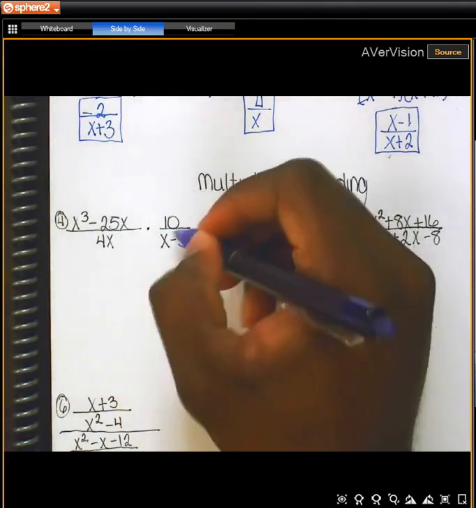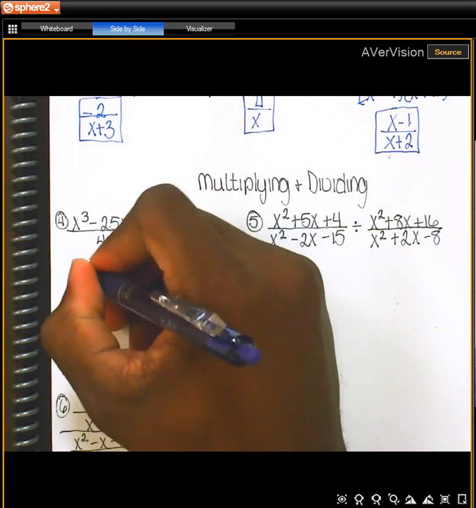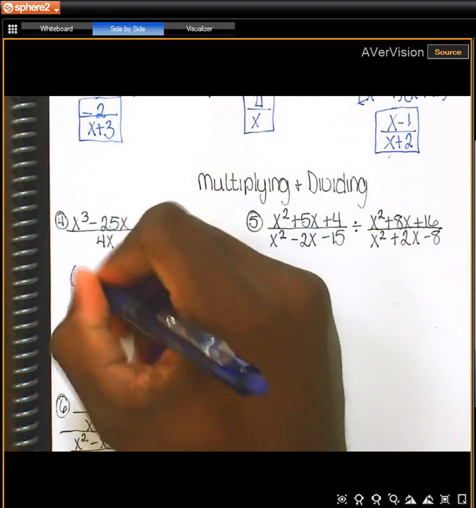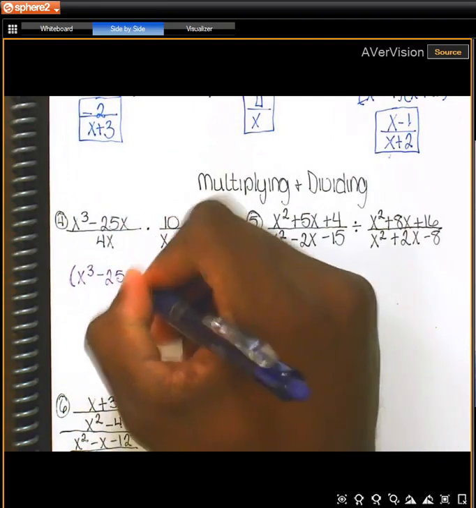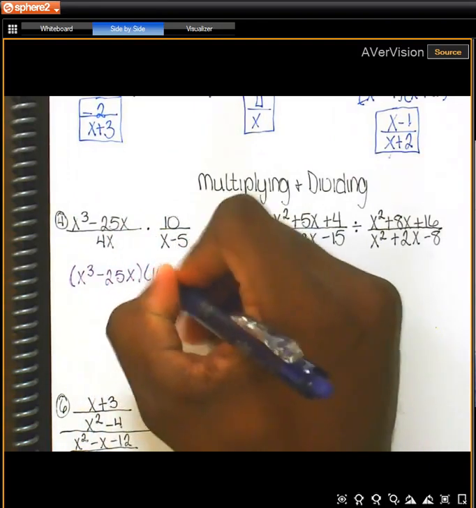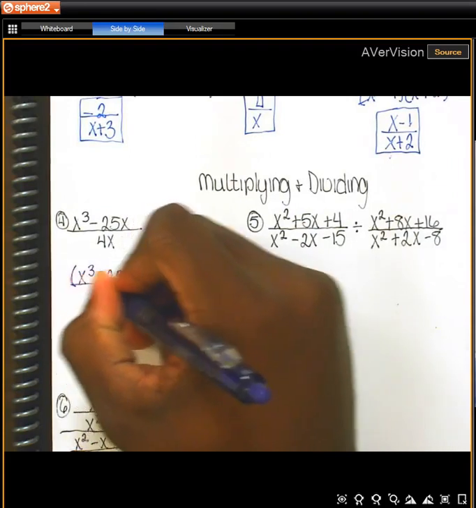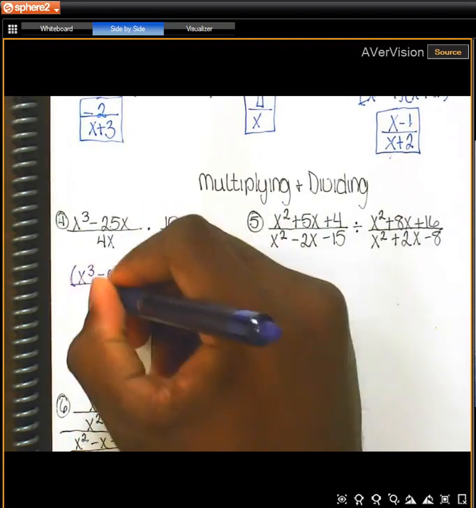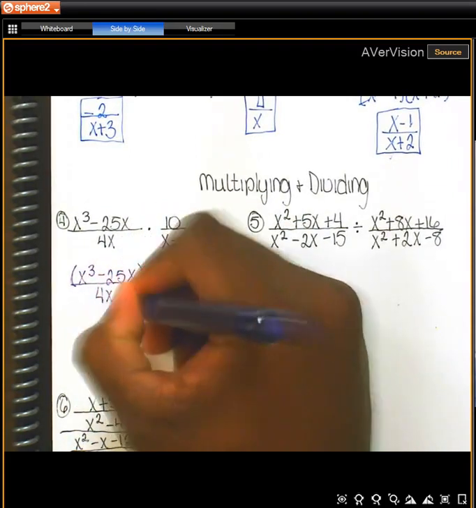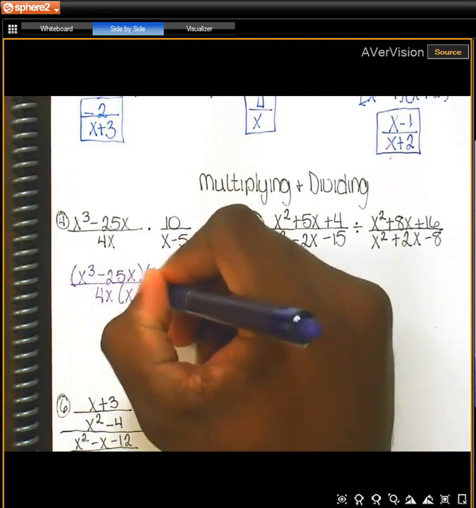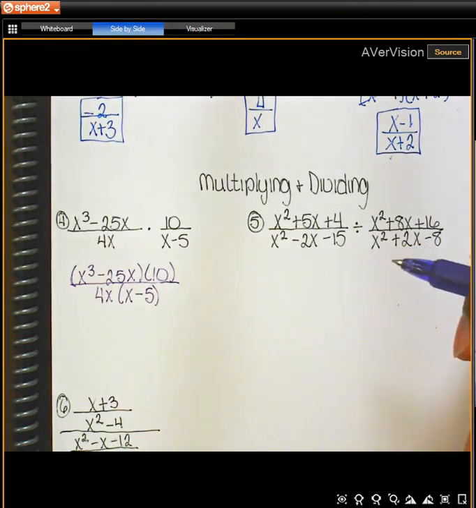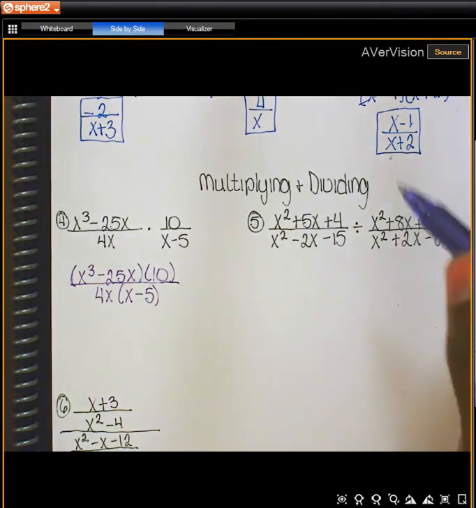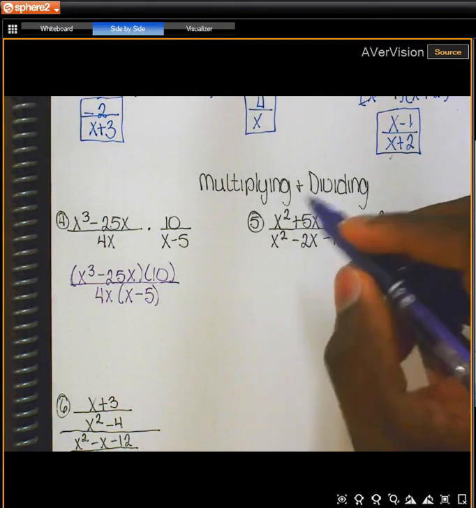So when we multiply rationals, we just multiply straight across. So the first step is to make it into one big fraction.